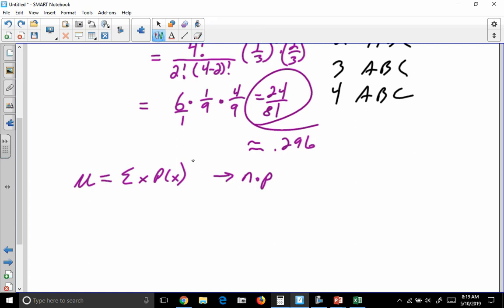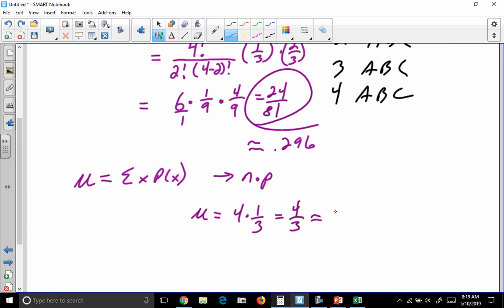So for our probability experiment, the mean is 4 times 1/3. So 4/3, or about 1.3 repeating. Remember what that means. This is the expected value. So if I take a quiz with 4 questions, each question has 3 choices, and I'm just guessing, on average, I'm only going to get 1.3 correct, which we can't get.